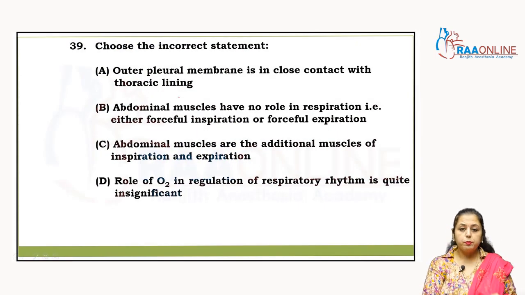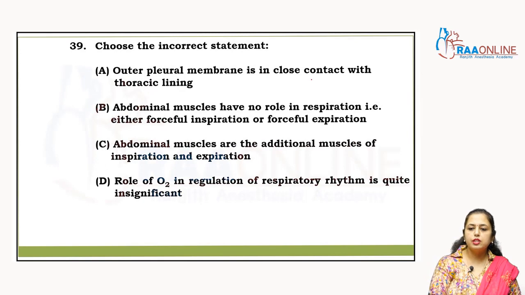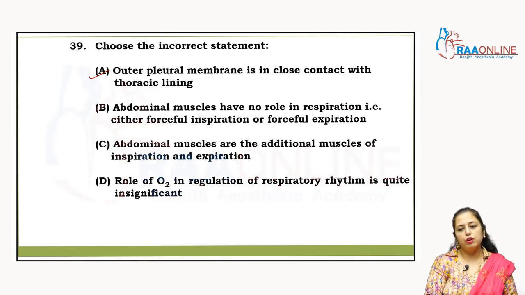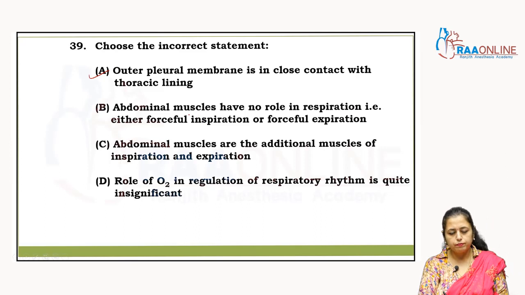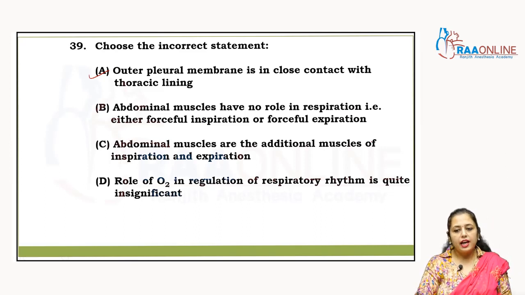Choose the incorrect statement. Outer pleural membrane is in close contact with the thoracic lining. Abdominal muscles have no role in respiration, either forceful inspiration or forceful expiration. Abdominal muscles are the additional muscles of inspiration and expiration, right? The role of oxygen in the regulation of respiratory rhythm is quite insignificant.